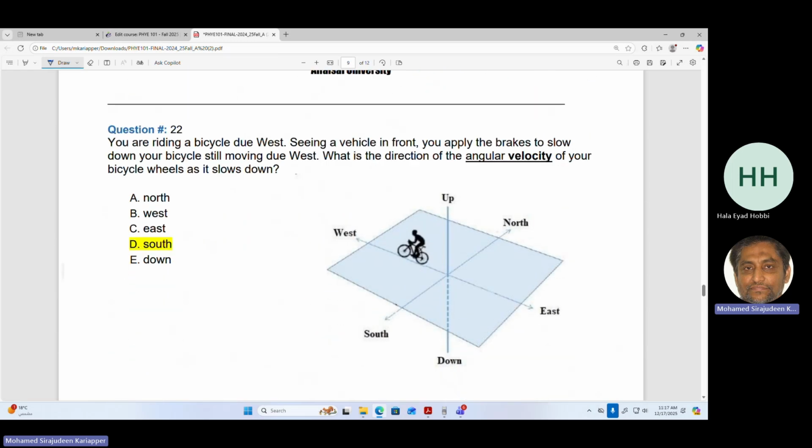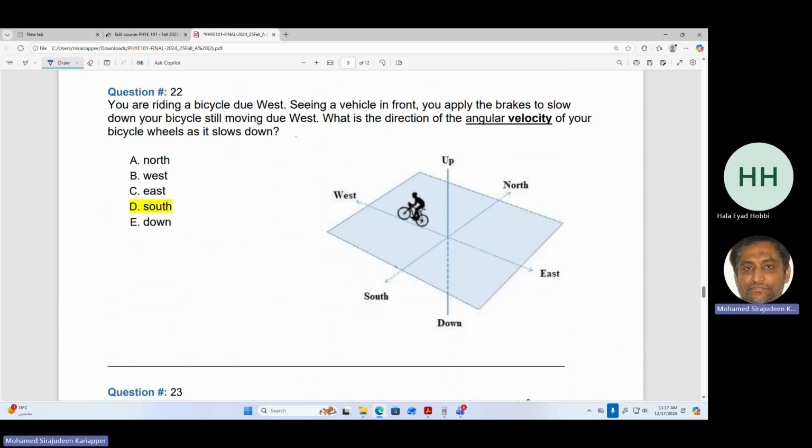Okay, so question number 22. You are riding a bicycle due west. Seeing a vehicle in front, you apply the brakes to slow down your bicycle, still moving due west. What is the direction of the angular velocity of the bicycle wheel as it slows down? These are unnecessary details, because the direction of angular velocity does not depend on whether you're slowing down.